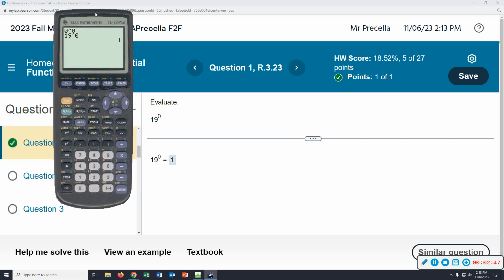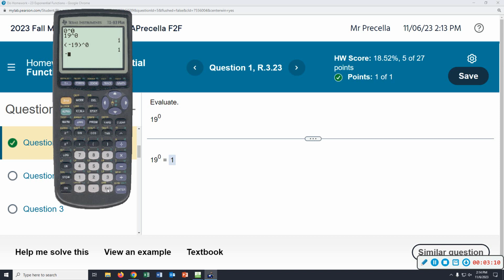You know what? It might be interesting to punch in negative 19 to the 0 power, with parentheses both ways. If you have a negative base, it needs to be enclosed in parentheses. This negative 19 to the 0 power is 1.